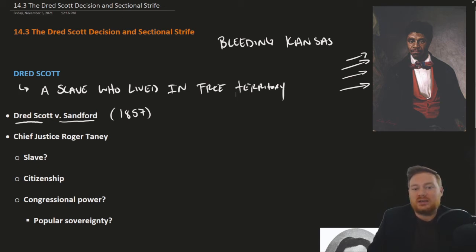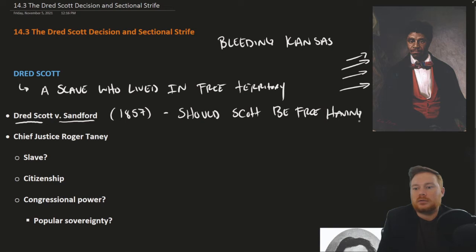Dred Scott made the claim that because he lived in free soil, he should therefore be free. So Dred Scott sued. That decision ultimately went to the Supreme Court, Dred Scott versus Sanford. Again, should Scott be free, having lived in free soil? That was ultimately the question.